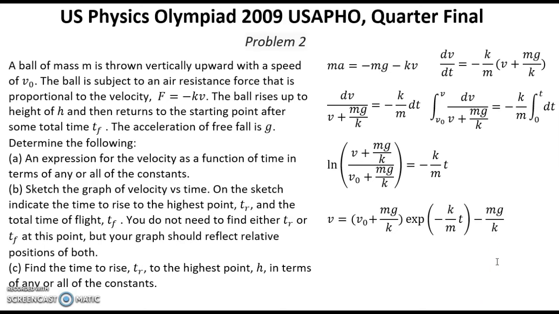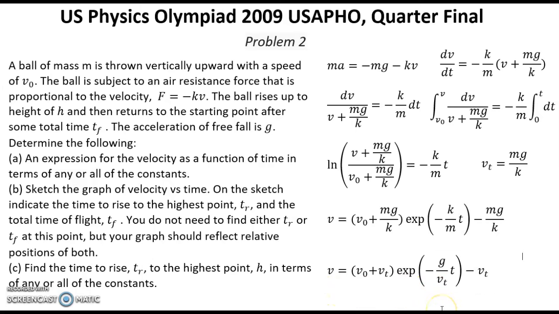That will be the terminal speed, and we can call mg over k the terminal speed. V terminal equals mg over k, and in this case we can rewrite this equation in this form. So that's the answer for question A.